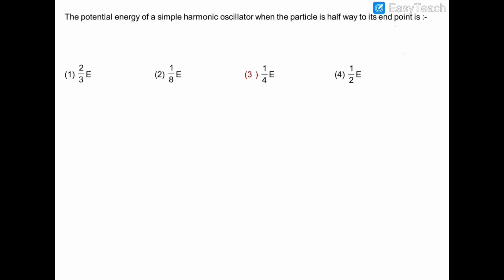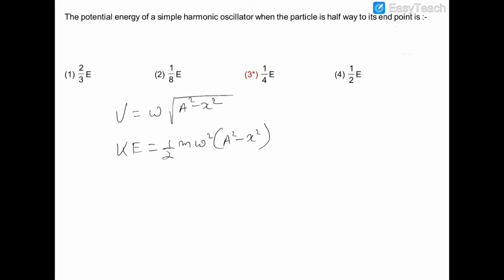So we know that the speed in terms of omega and a is v equal to omega under root a square minus x square, and the kinetic energy is equal to half mv square. So it is half m omega square into a square minus x square.